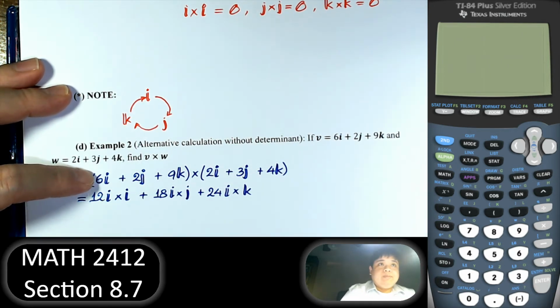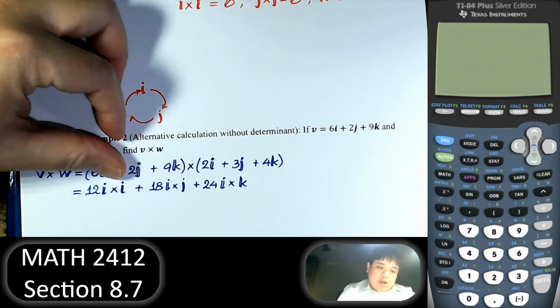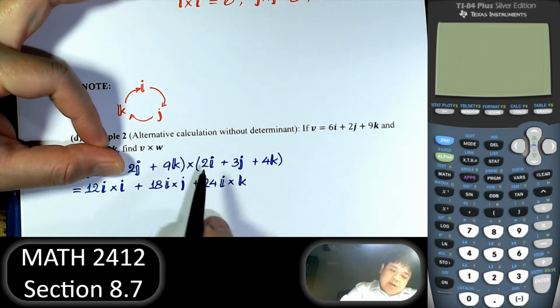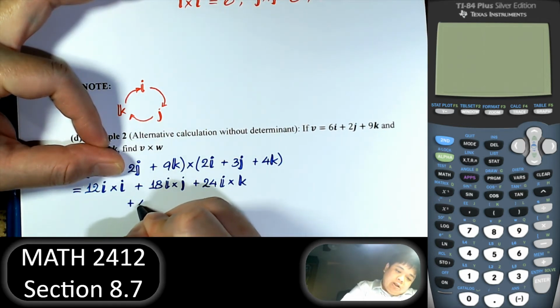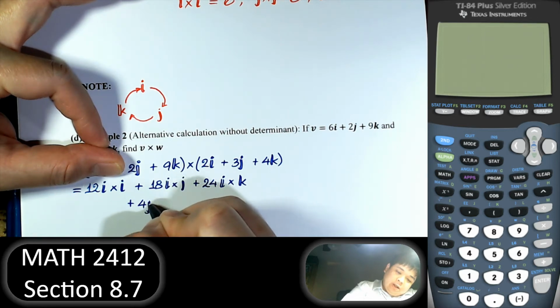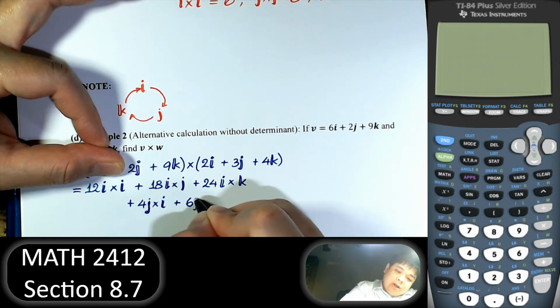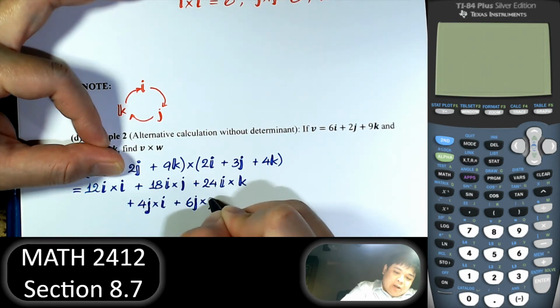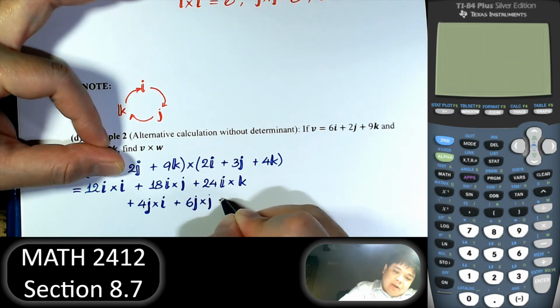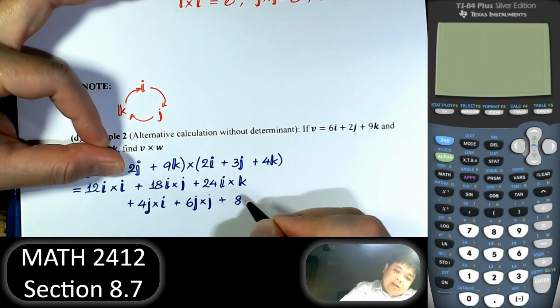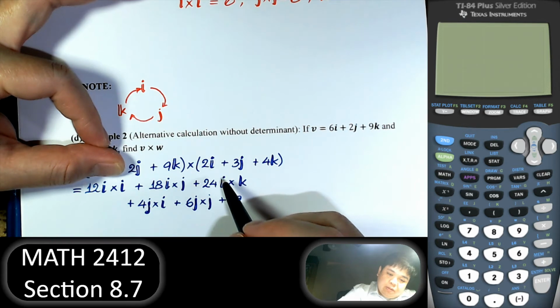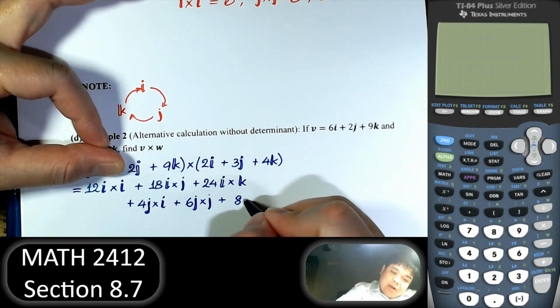That's the first one. Next, I'll go to 2j. Times that, I'm going to have 4 j cross i, plus 2 times 3 is 6 j cross j, 2 times 4 is 8 j cross k.